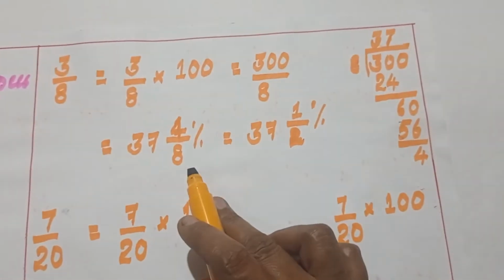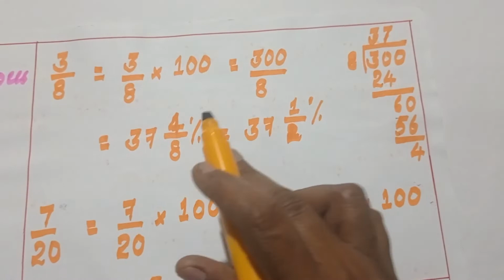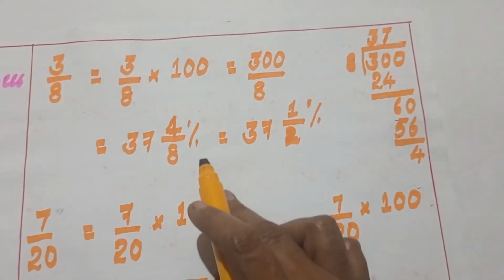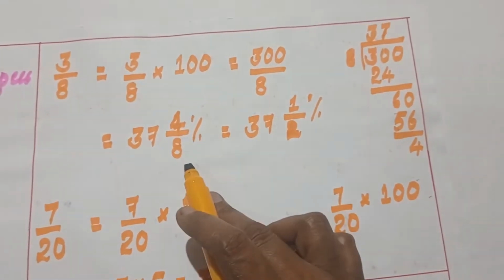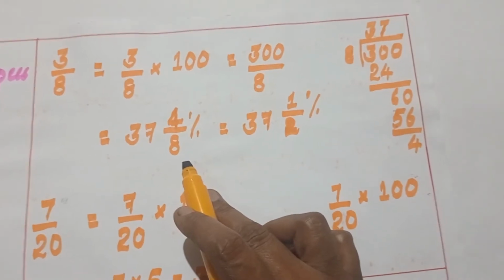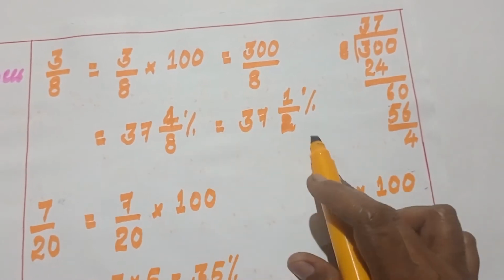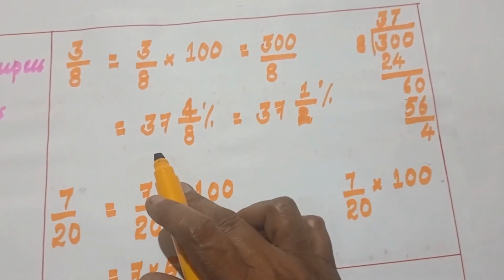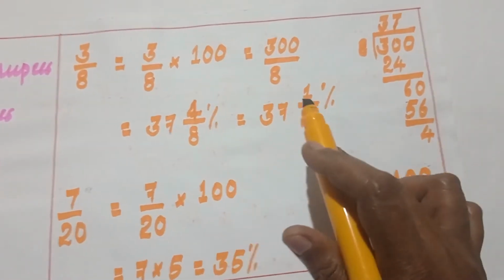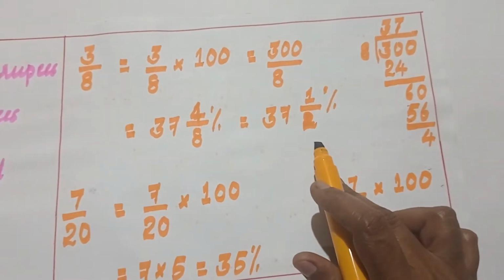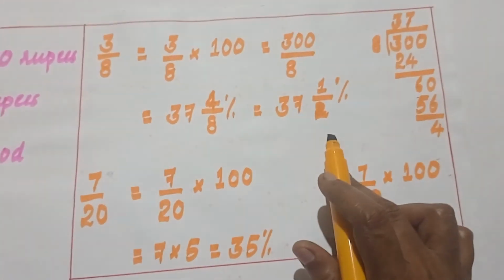Then 37 4 by 8%, or this 4 by 8 can be simplified. 4 and 8 are divisible by 4. 4 divided by 4 is 1, 8 divided by 4 is 2. Then 37 4 by 8% can be written as 37 1 by 2%.